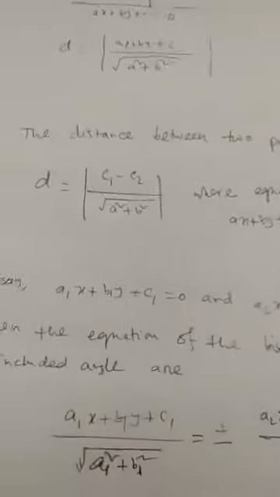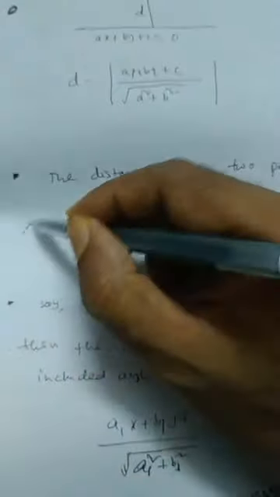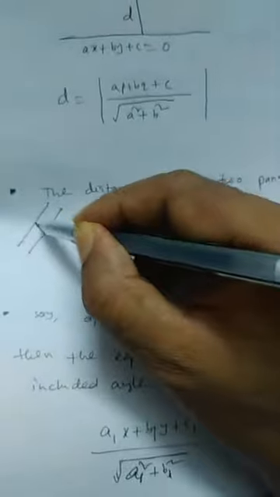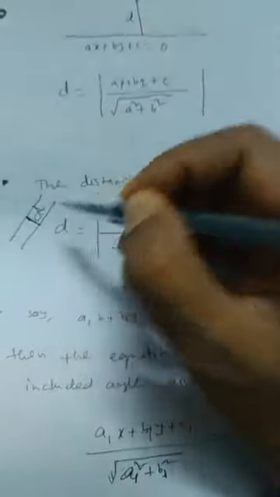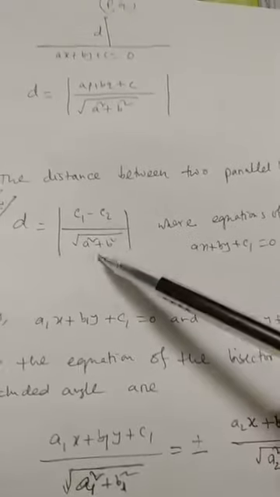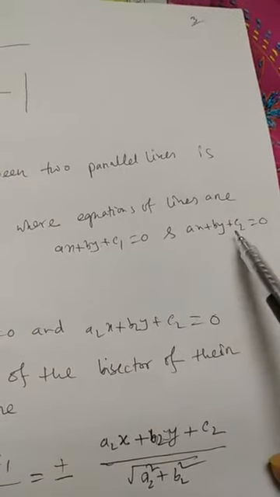And if there are two parallel lines given, say here I am drawing, so this is the line, this is another parallel line. So there is a distance between these two, say this is d. In that case, the formula will be c1 minus c2 divided by root over a square plus b square, because the equation of the parallel lines will be ax plus by plus c1 equal to 0 and ax plus by plus c2 equal to 0.